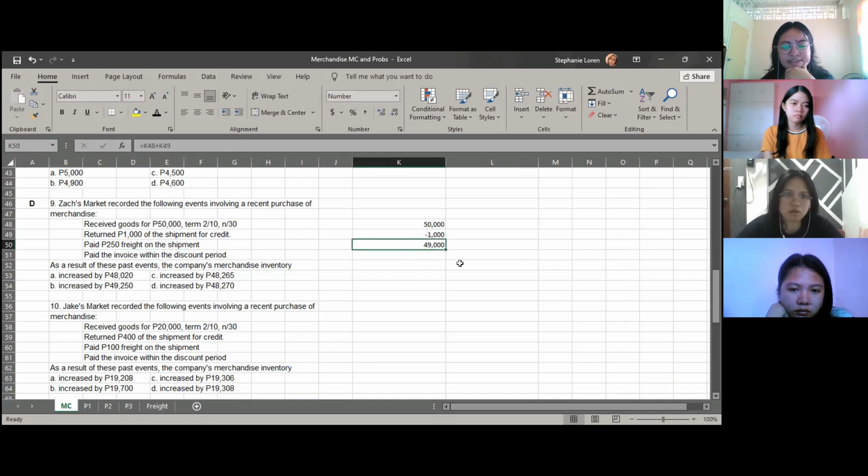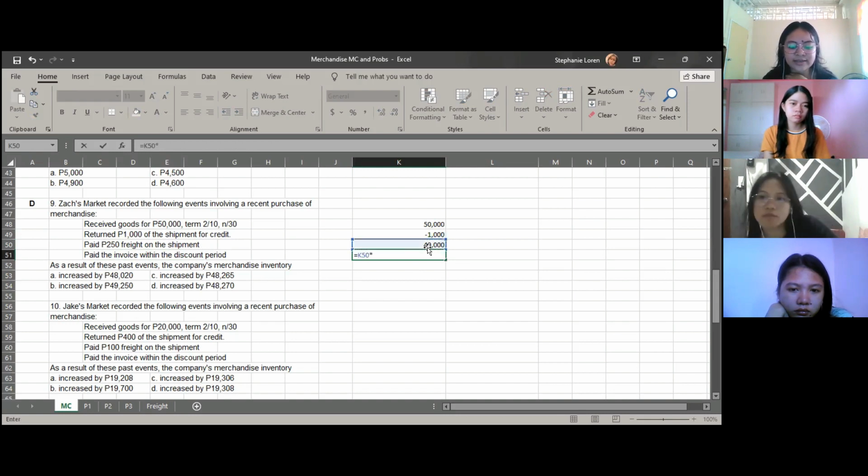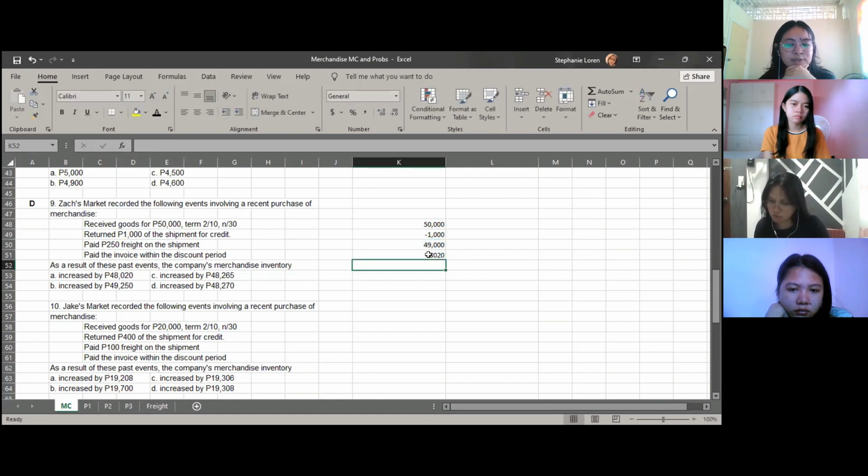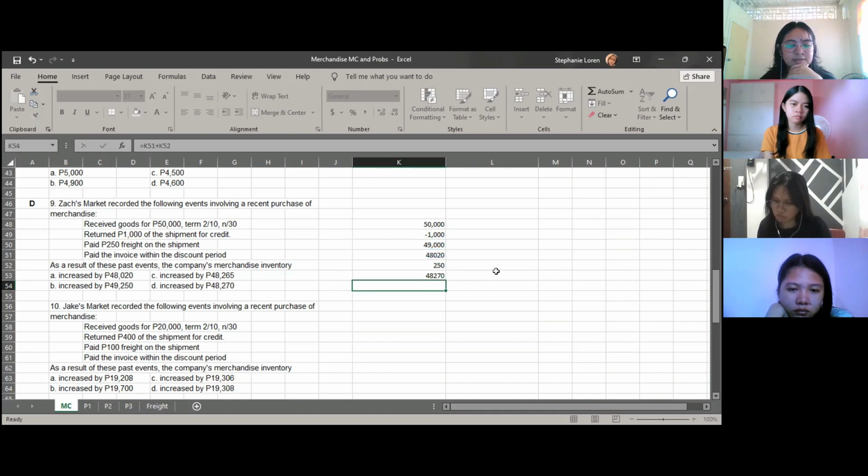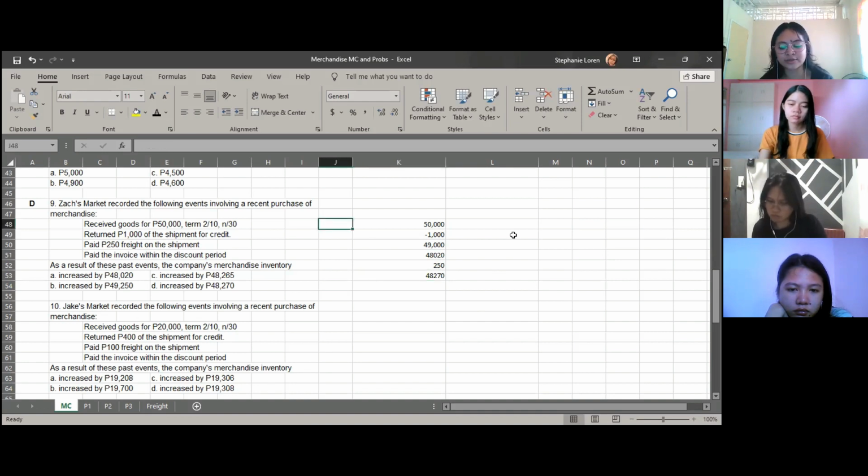So, yung 49,000, multiply mo sa, ilalas mo yung discount na 2% within the discount period. Yan yung purchase cost, 48,020. I-add mo yung 250 na freight cost. So your total cost is 48,270.